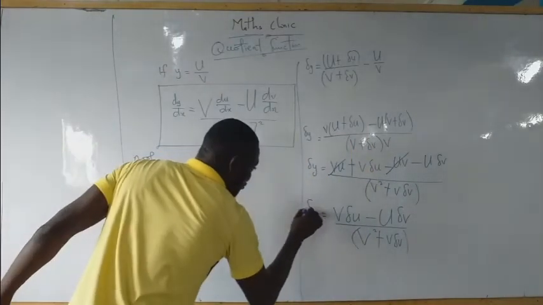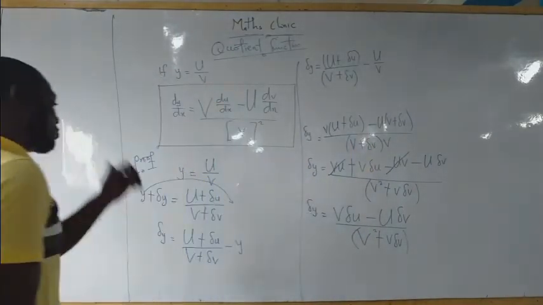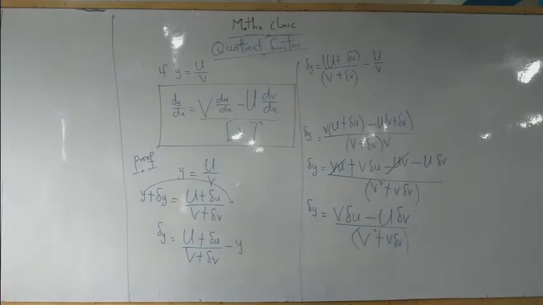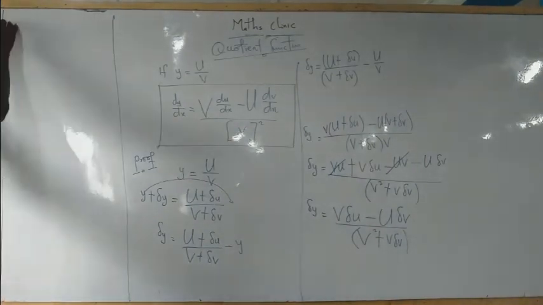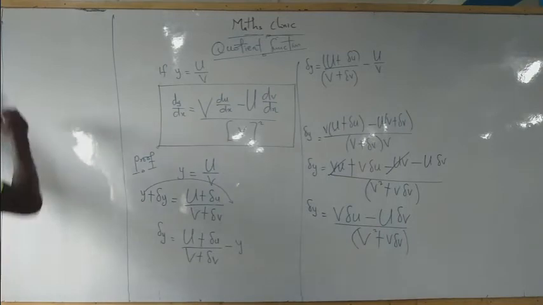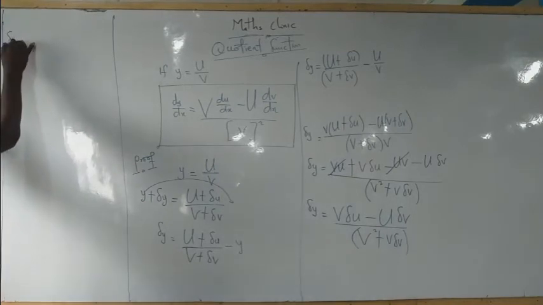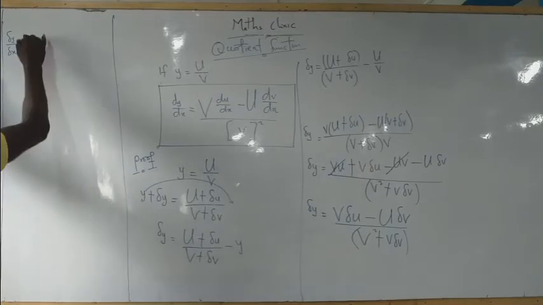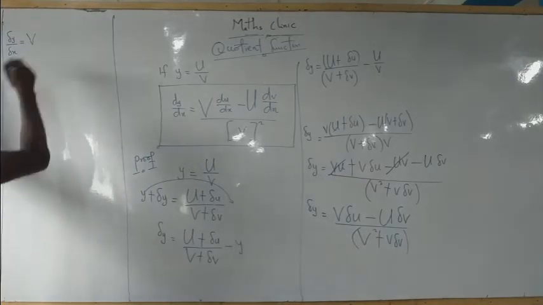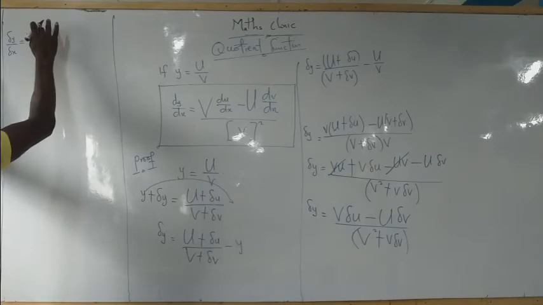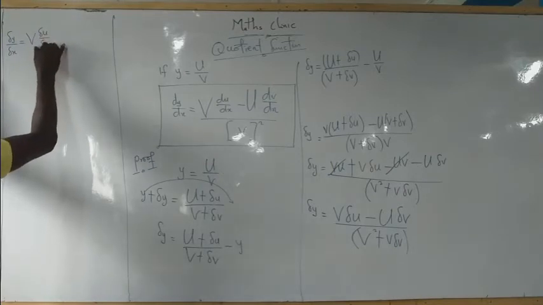The next thing now is this is equal to changing y. Divide through by changing x. So this will give us changing y over changing x equals v, divided through, that will be changing u upon changing x.